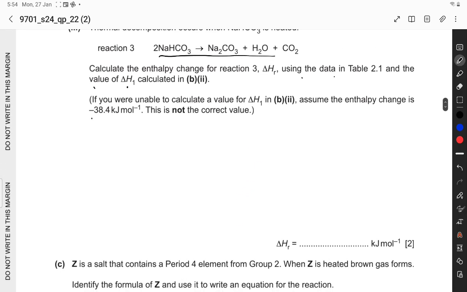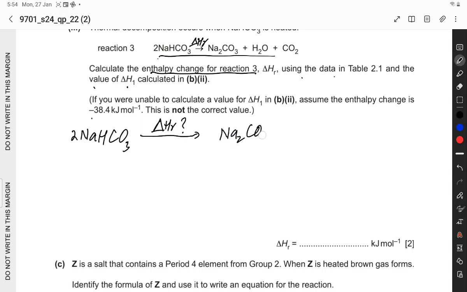So using this, calculate the enthalpy change of reaction 3, delta HR. We have to calculate. So write down the equation: 2NaHCO3 to form, delta HR, sodium carbonate plus water plus carbon dioxide.